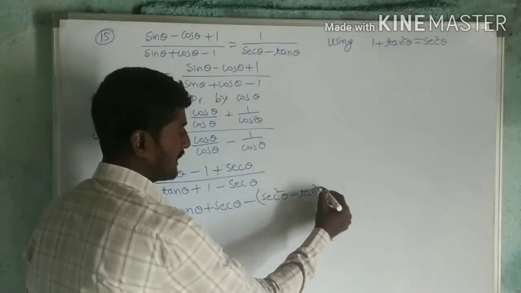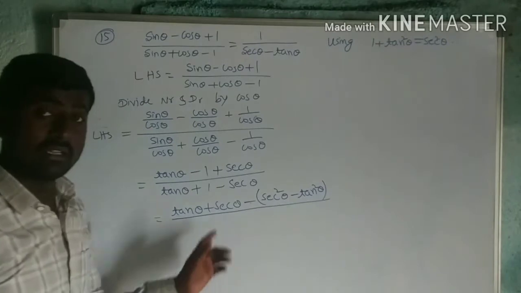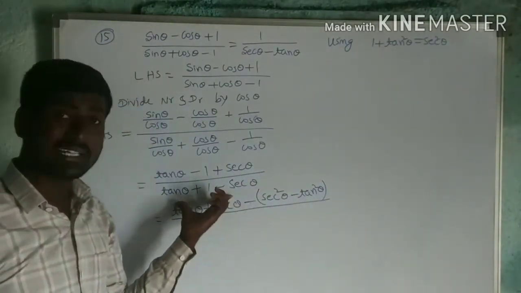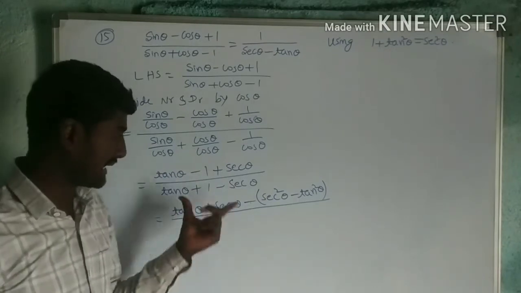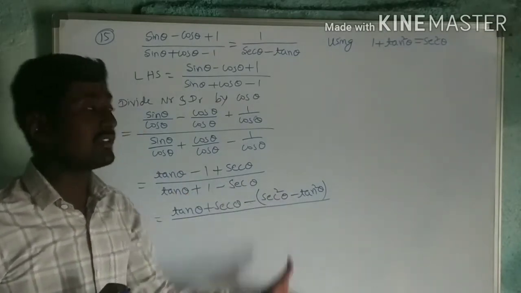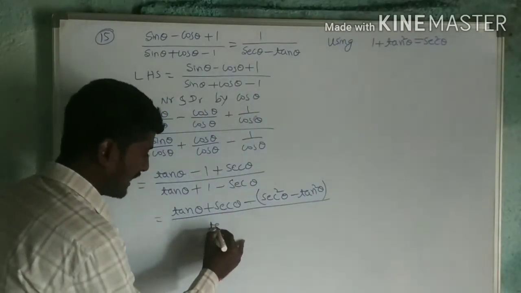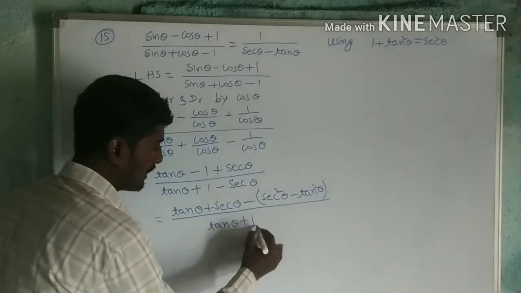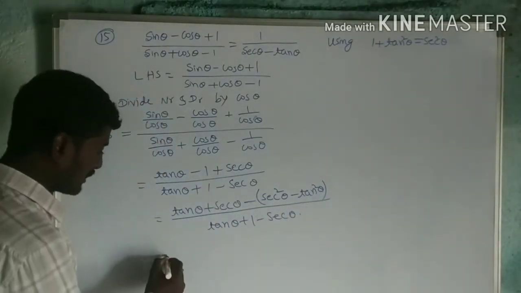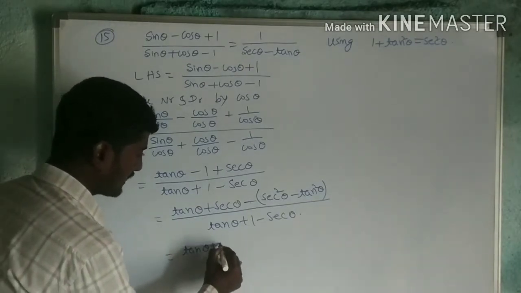tan square theta, whole divided by the denominator. In the last problem, I kept the denominator as it is. Here also you should keep the denominator as it is. Then only in an easy way we get the answer. Okay, now I'll keep the denominator as it is: tan theta plus 1 minus sec theta. Now this is equal to tan theta plus sec theta.